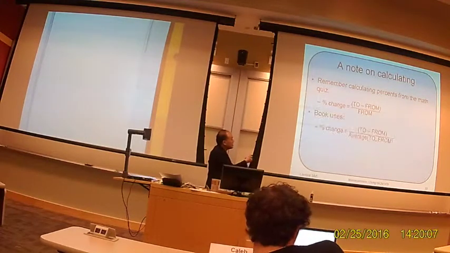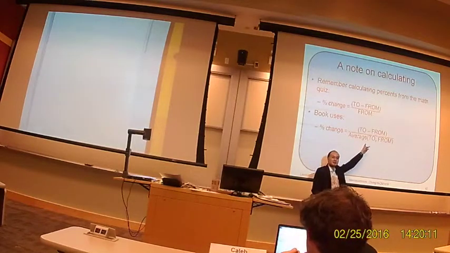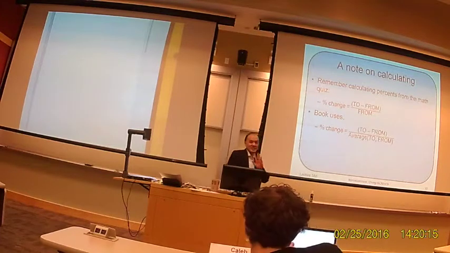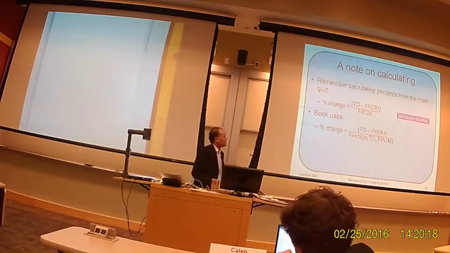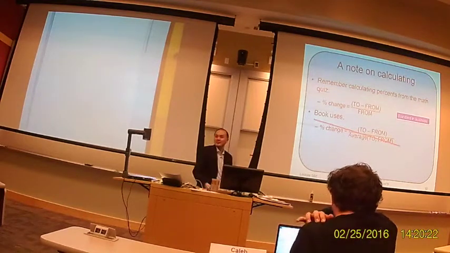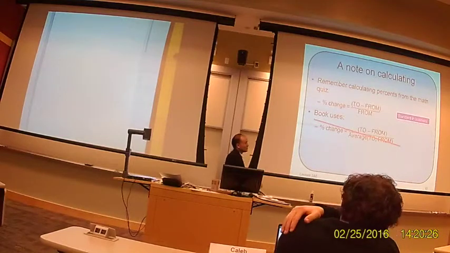The book uses 2 minus from divided by the average of 2 and from. So if you're reading the book, you'll see a difference. The numbers will be a little different, but the top one is standard in business. They don't use the average.